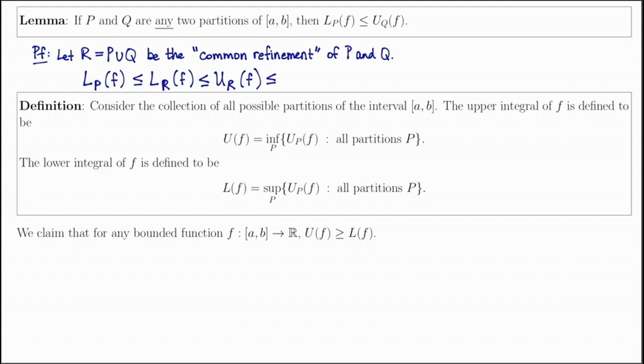So the upper sum of f with respect to R is less than or equal to the upper sum of f with respect to Q. And now the leftmost term and the rightmost term give us what we want.